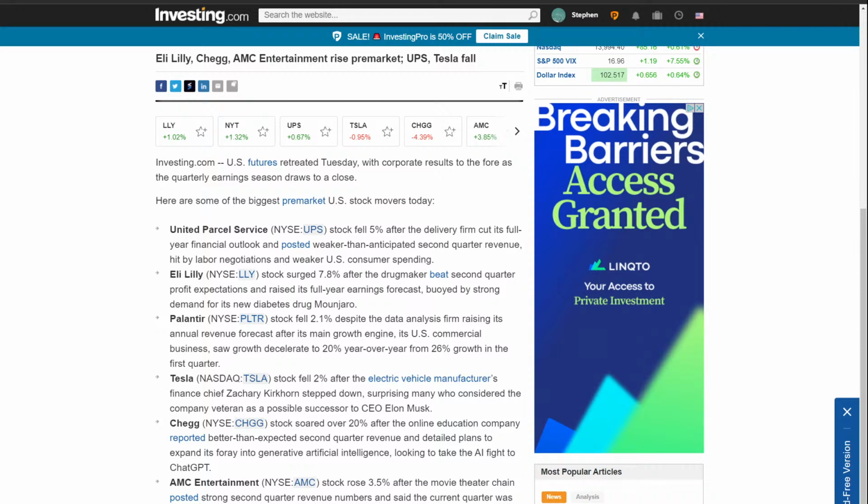Chegg stock soared over 20% after the online education company reported better than expected results, and it says it's looking to take the AI fight to ChatGPT. AMC stock rose 3.5% after the movie theater chain posted strong second quarter numbers. New York Times stock rose 5.3% after the newspaper beat second quarter revenue expectations.